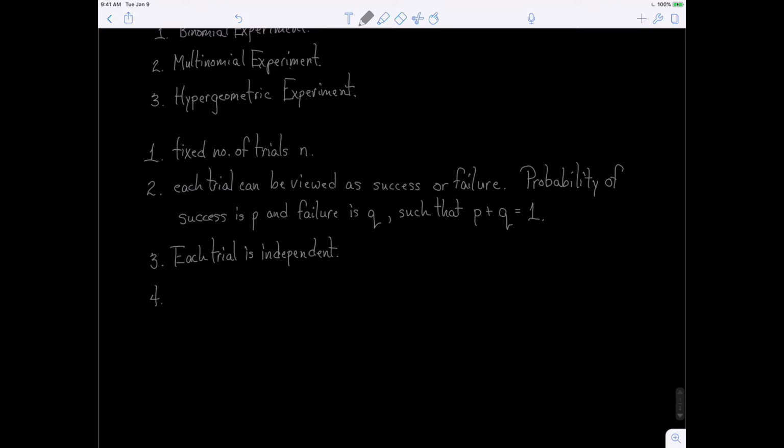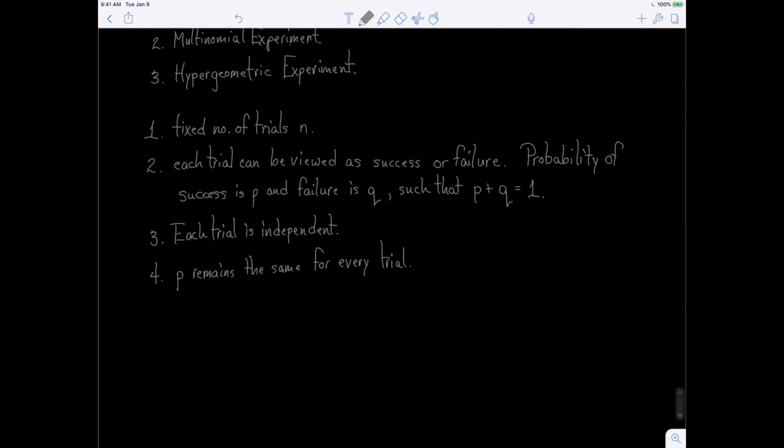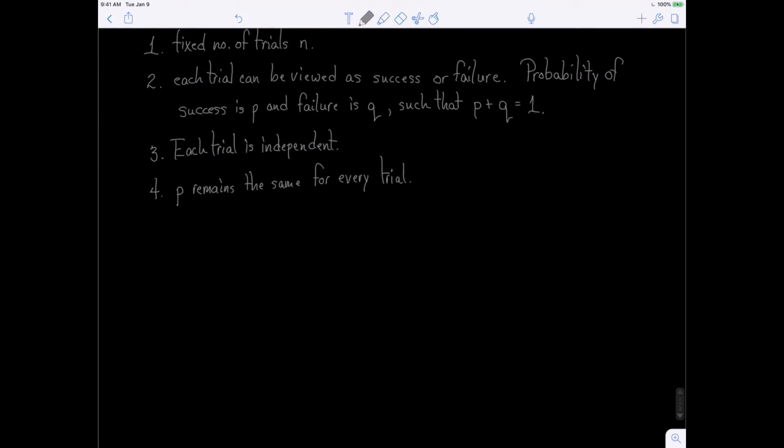And finally, four, P remains constant, remains the same for every trial. Okay, so with that in mind, we're going to take a look at an example of one.